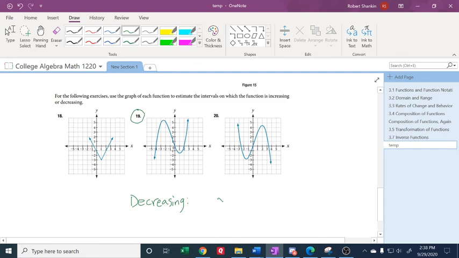So what you're really telling me is this: when x is between negative 2.5 and 1, this thing is decreasing.